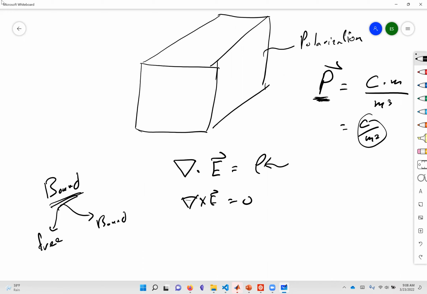And we said free charges are our classical charges that we're aware of that can move, charges that appear on matter, while the bound charges, in the context of the model of electrodynamics, are assumed charges that exist at every point in space and that cannot move from one point to the other. Imagine them to be some charges stitched into the fabric of space itself. Those charges cannot move from one point to another, but they can stretch and orient themselves.